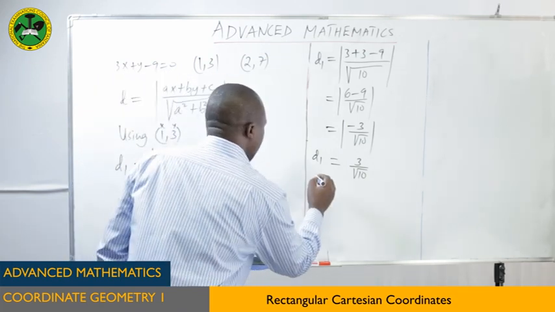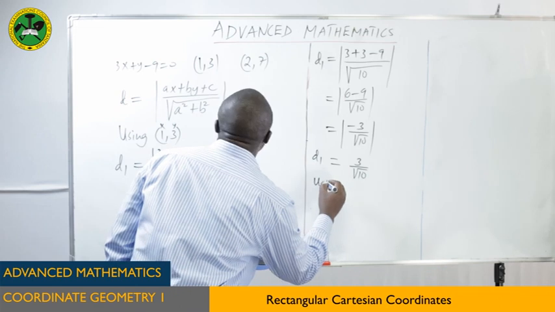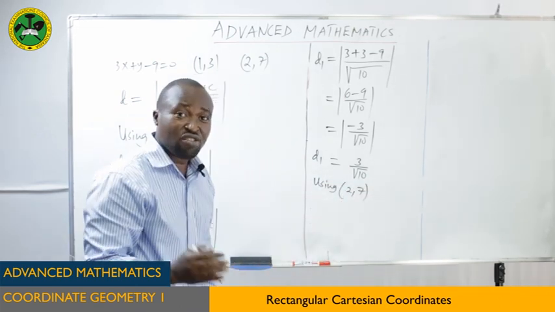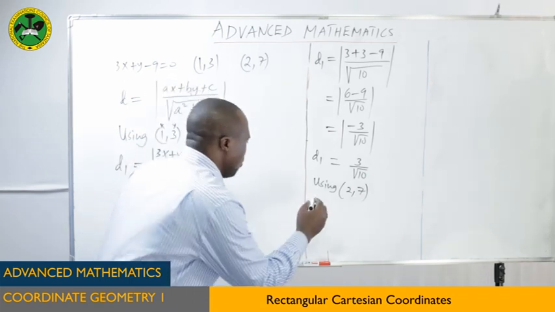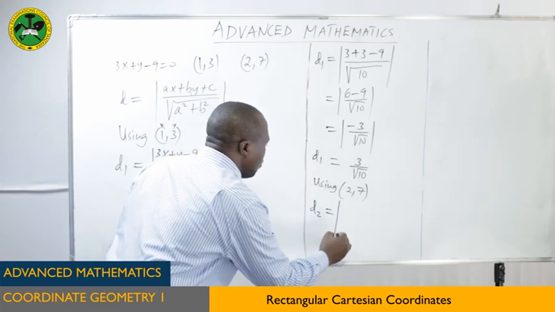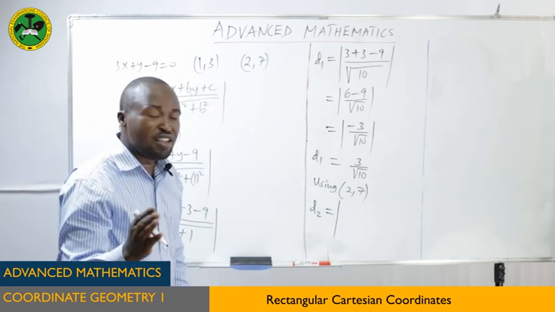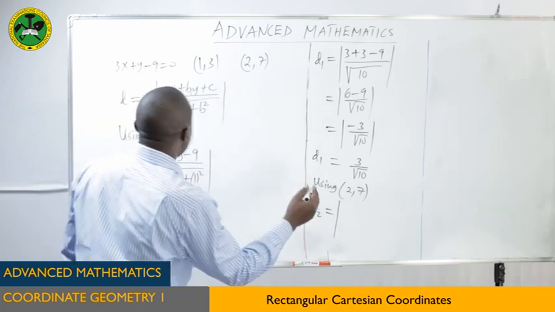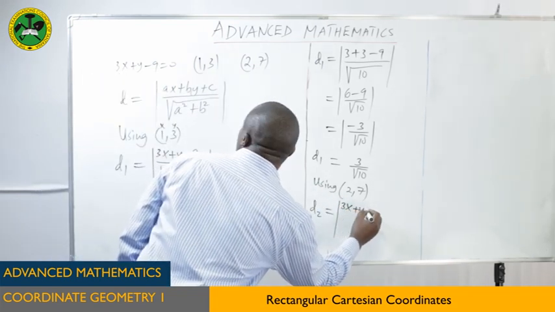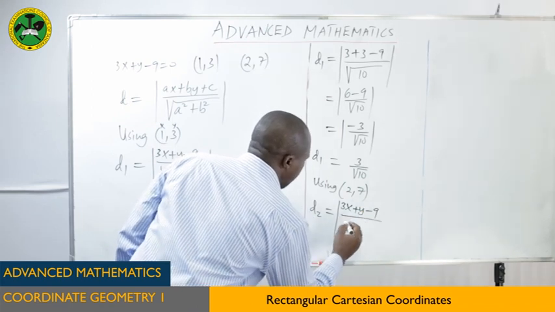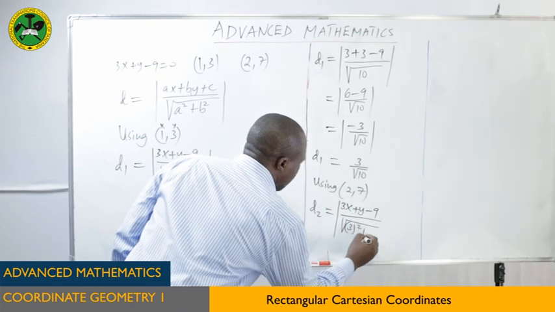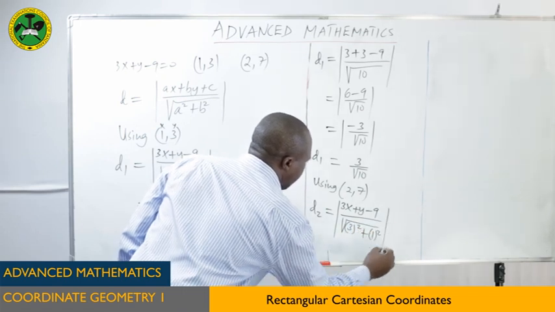So this time, say using the second coordinate, that is (2, 7). So this time we use D2. So we say D2 is equal to the absolute of, remember we are using the same equation, which is 3x plus y minus 9 over the square root of 3 squared plus 1 squared.